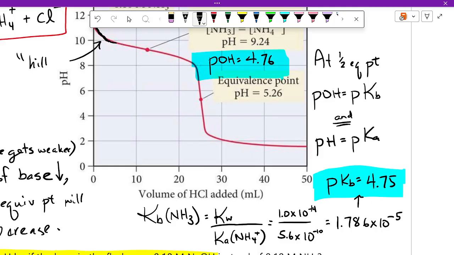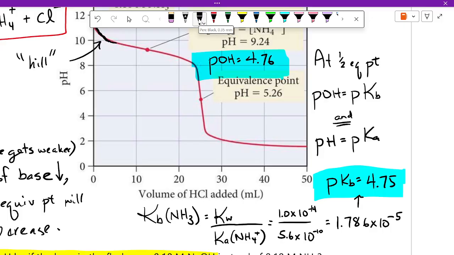So you should be able to recognize that this is a weak base because it starts high and finishes low, therefore it's a base. The pH at the equivalence point is smaller than 7, so it's a weak base. It's got the little hill. And what's the other thing? The initial pH is not what it would be if it were a strong base. It's lower.